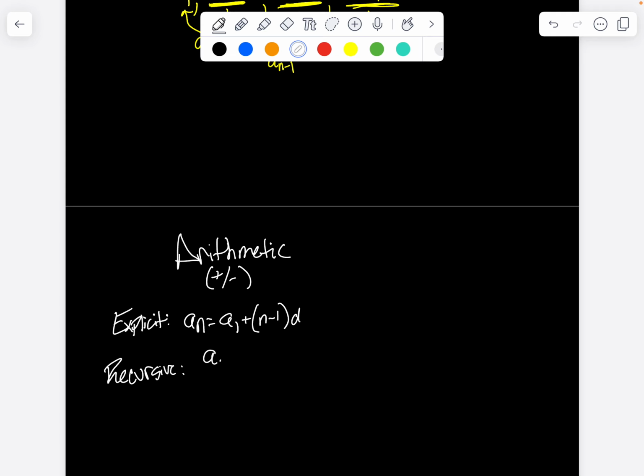And that's when we give the first term and say, okay, here's how we find the second term. We do a sub n minus 1, then it's either plus or minus whatever our common difference is. All right, so those are the couple things we're going to be mostly reviewing here today.